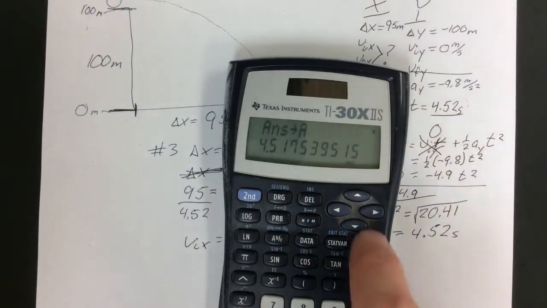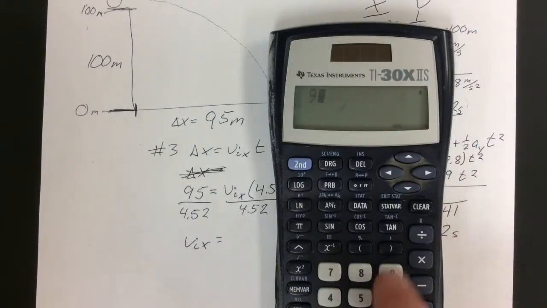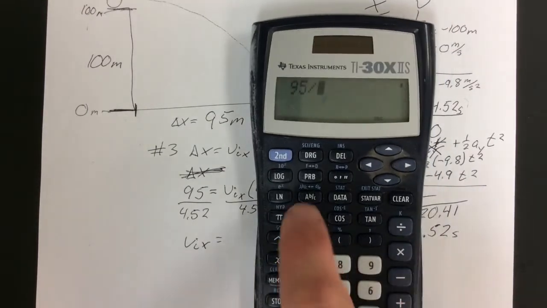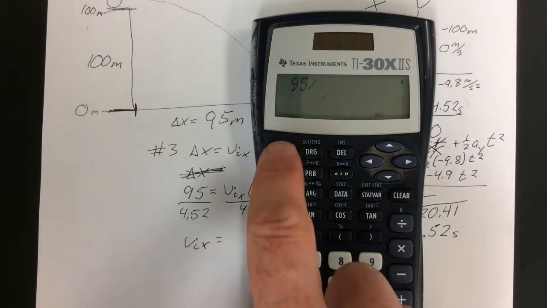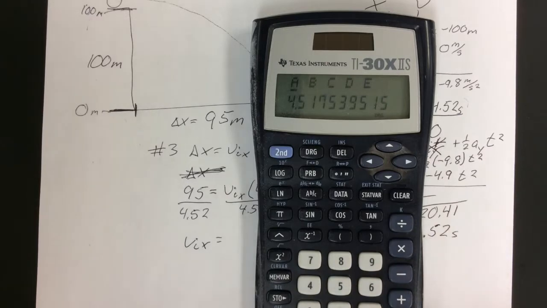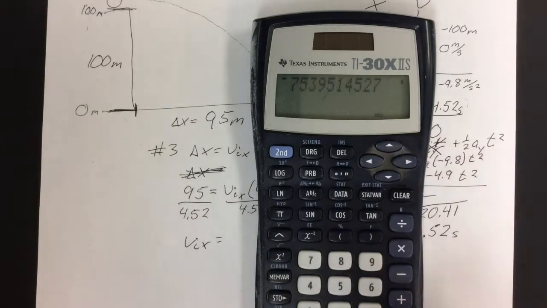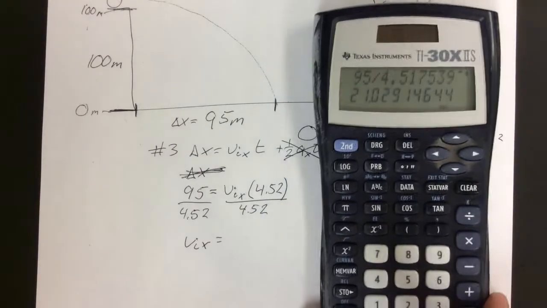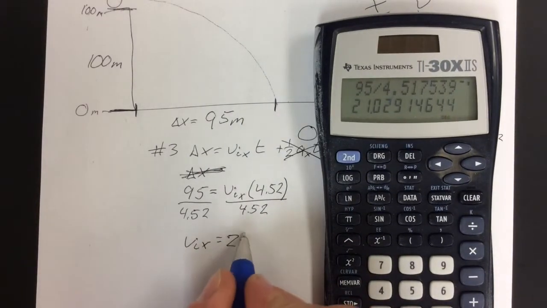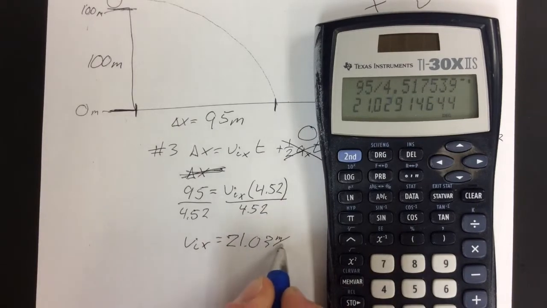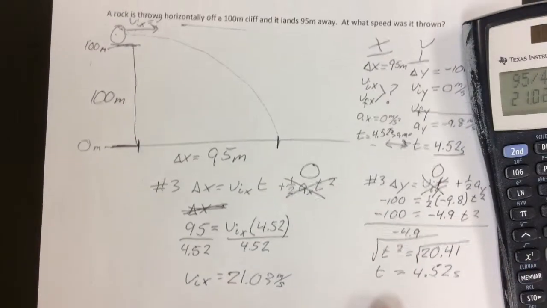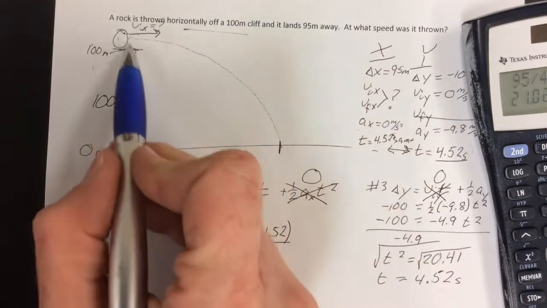So I take 95 divided by, and now I want to use that answer I stored, so I hit second store, which is recall, and it pastes that entire number in there, and I hit equals, and what I get is a velocity of 21.03 meters per second. So that's how fast the rock was thrown in the x direction.